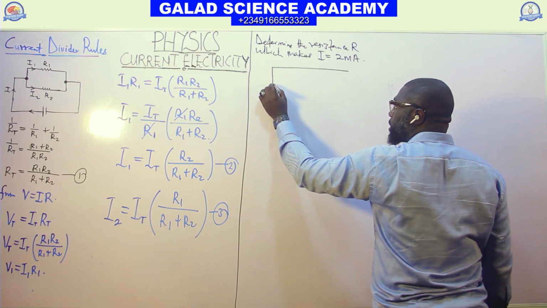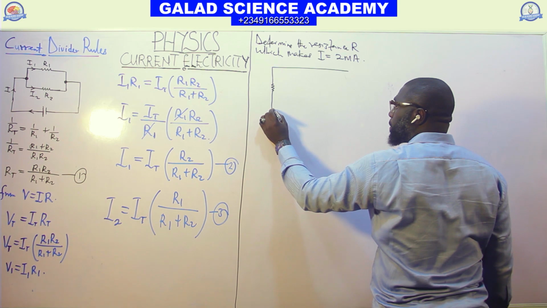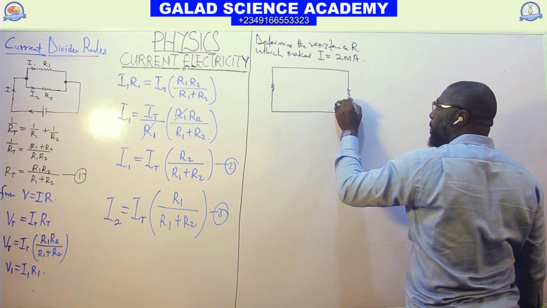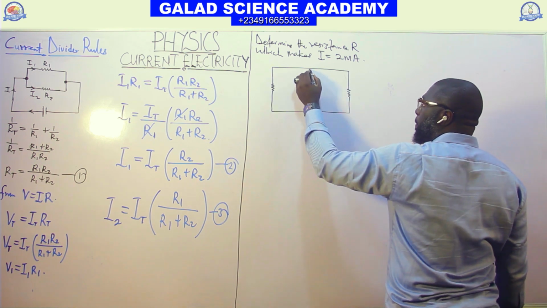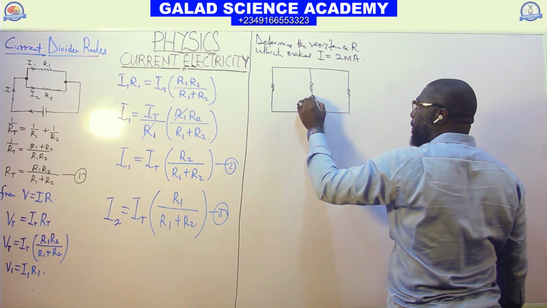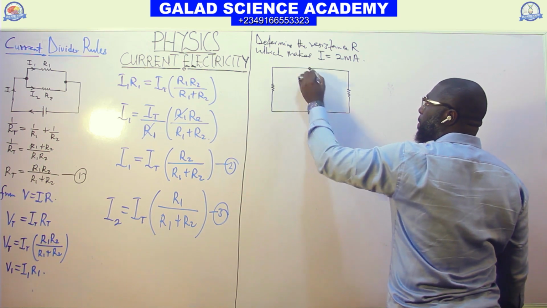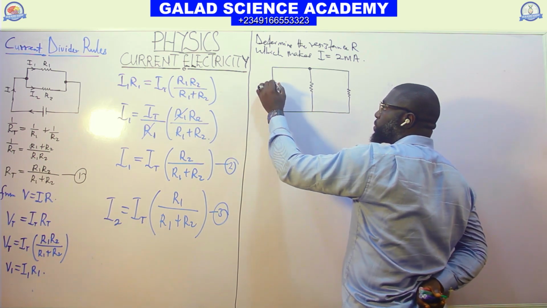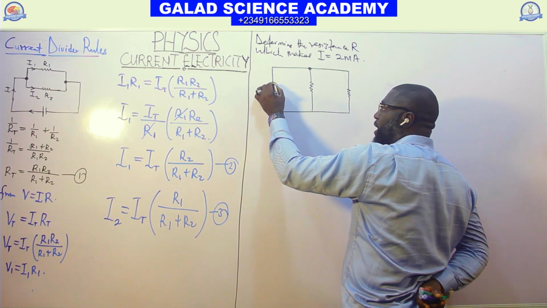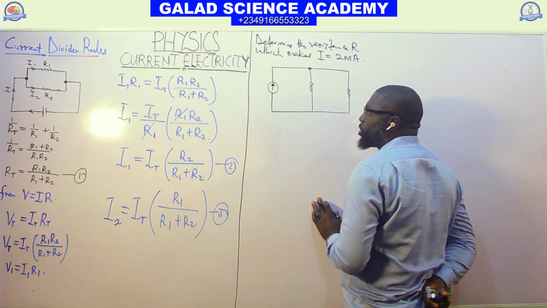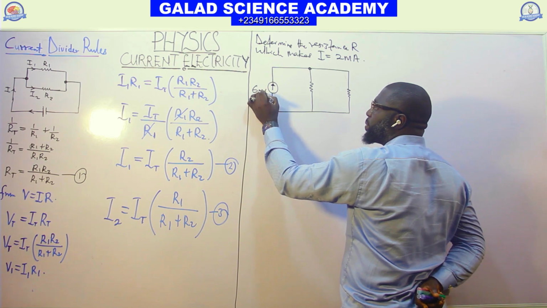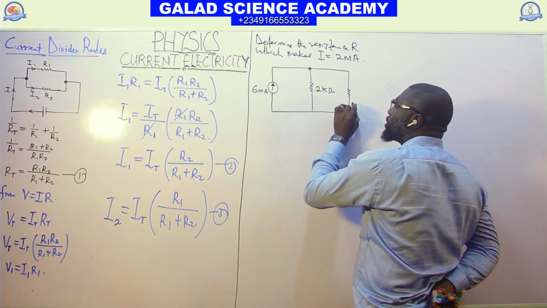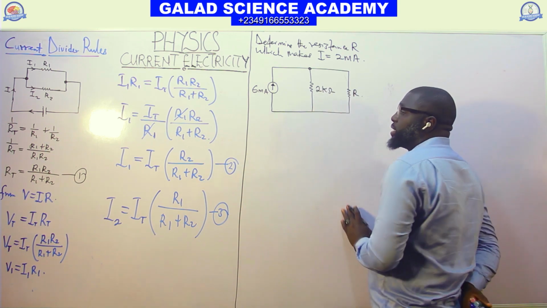Look at the circuit. This place is a galvanometer that reads a current of 6 milliamperes. Here we have 2 kilo ohms. Here we have R. This is the circuit.